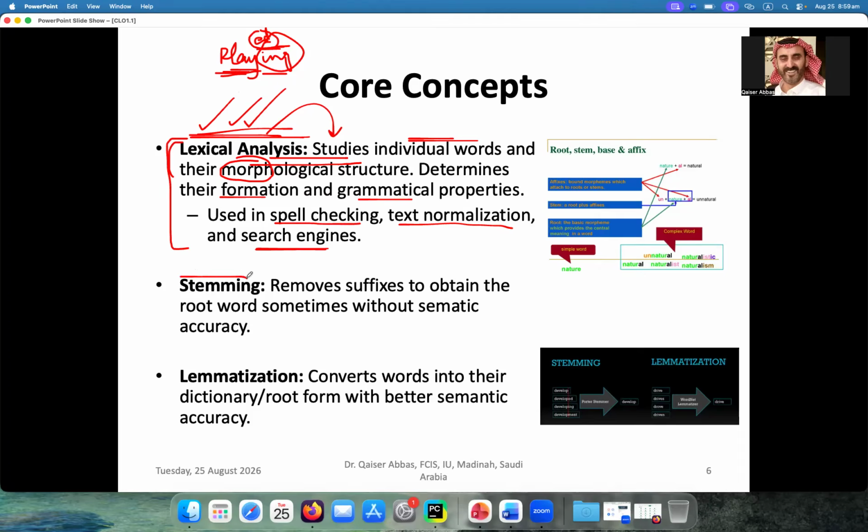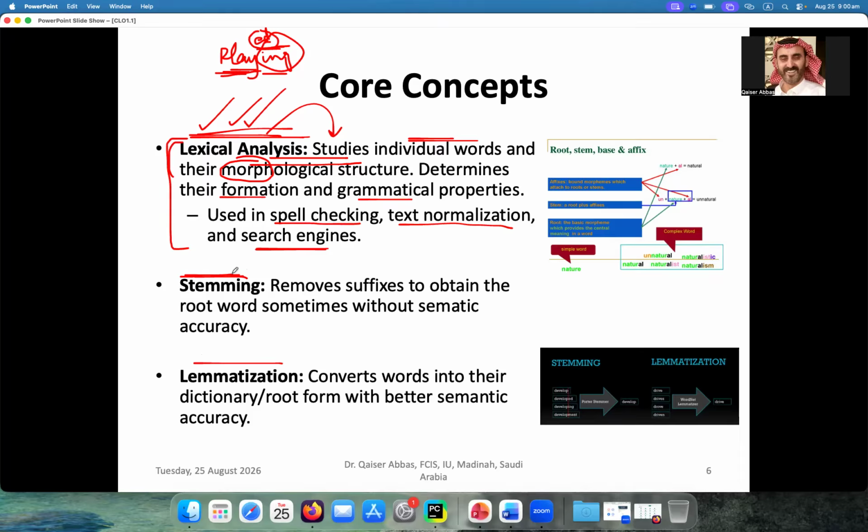Similarly, stemming. Maybe the people who have studied machine learning with me already know stemming, because I think I have discussed this there. Stemming and lemmatization are very close concepts to each other, but there is a minor difference.